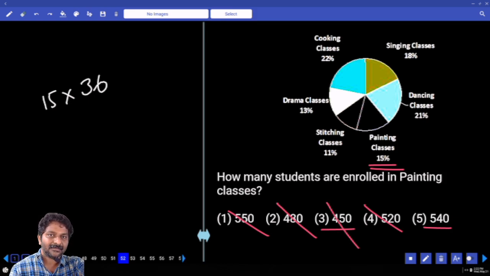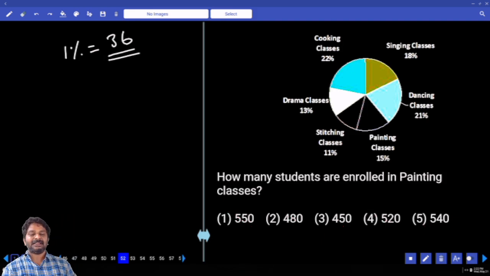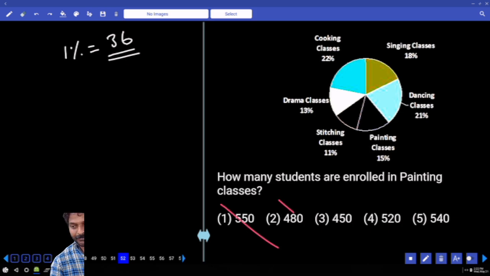It is 540. అర్థమైందా? ఇంకో లాజిక్ కూడా చెప్తా. What was the 1% value? 36. Any percentage, it is into 36, right? Because 36 is a 9 multiple, we are saying answer is a 9 multiple, correct? So how many options got eliminated? 3 options eliminated, right? And now if you look at your 1% value, which is 36, that is also a 4 multiple.